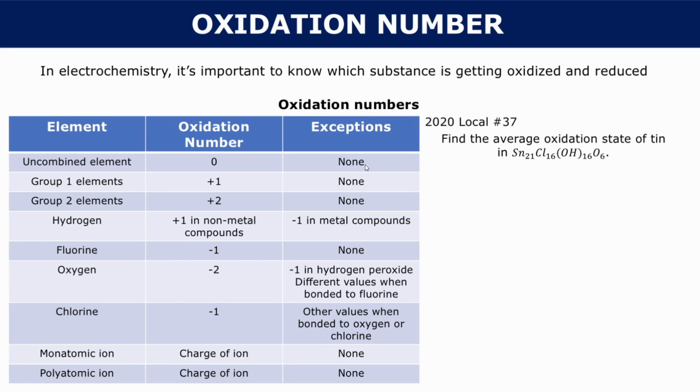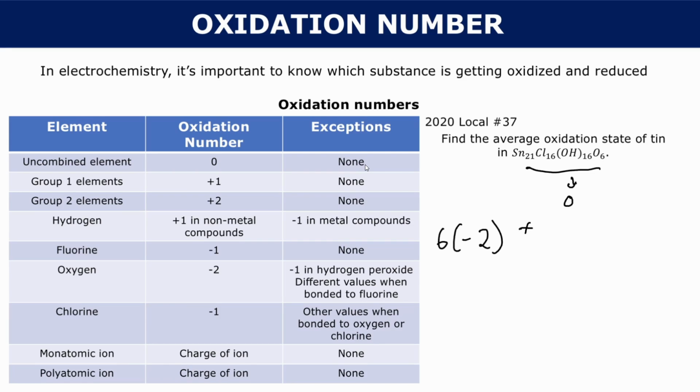So find the average oxidation state of tin in this big chemical formula here. Since we've already kind of done this before, I'm going to speed over it. So we know that the final charge of this entire thing is going to be 0. We know that oxygen has a -2 oxidation number almost always, so we can add that. So 6 times -2.